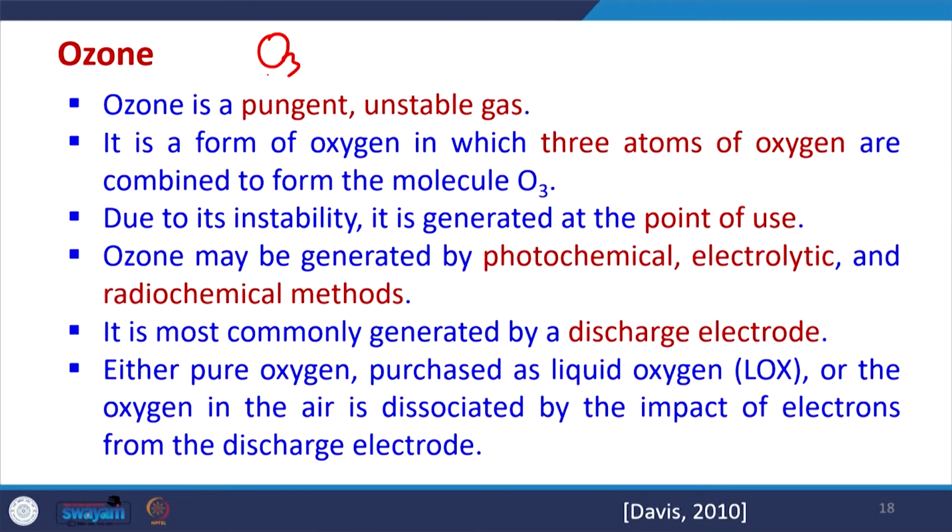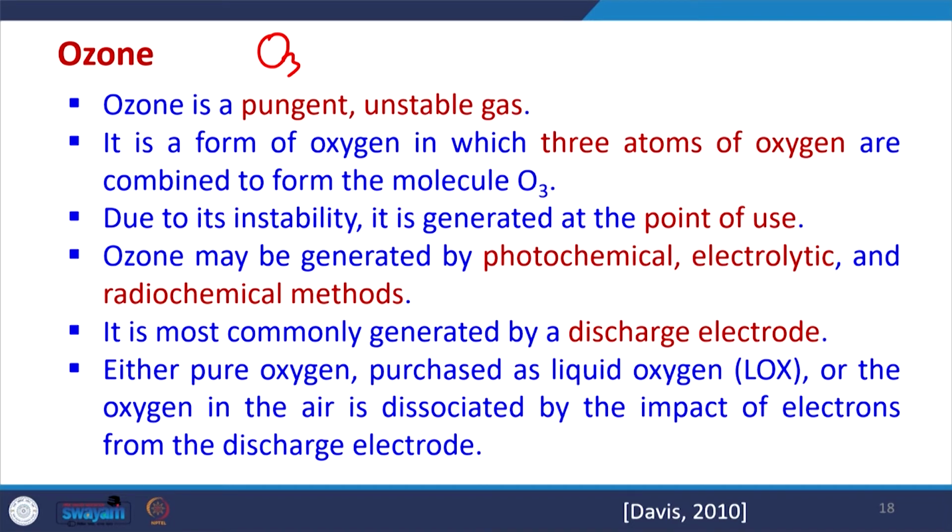Now, going further, ozone is also one of the chemicals or gases used for disinfection. Ozone, that means O3, is generally considered to be a very good compound because it saves us from the ultraviolet radiation coming from the sun, in the ozone layer.